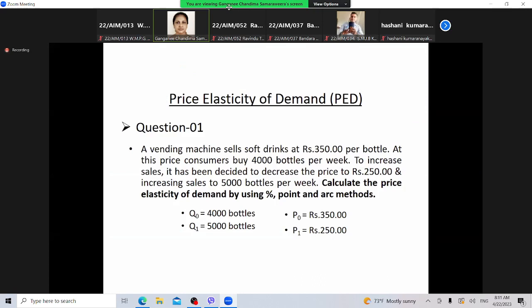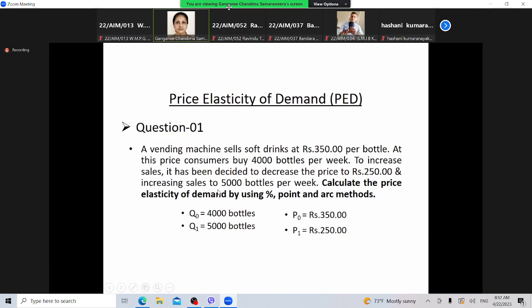A machine sells soft drink at 350 rupees per bottle. At this price, consumers buy 4,000 bottles per week. To increase sales, it has been decided to decrease the price to 250. So price changes from 350 to 250.